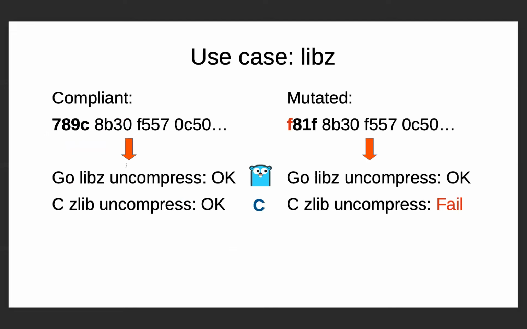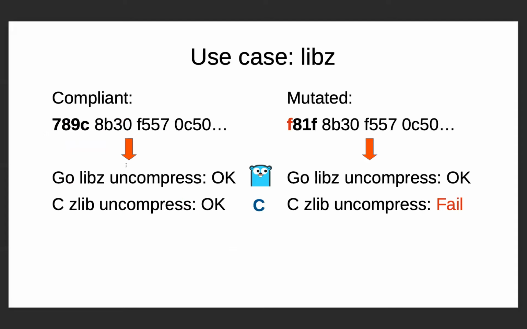Here's the libz use case. On the left-hand side, you have some compliant input with the 7-8 header. The important part is that we have this 7, which is smaller than 8. And in the mutated input, we have F, and this is actually non-compliant according to the specification.